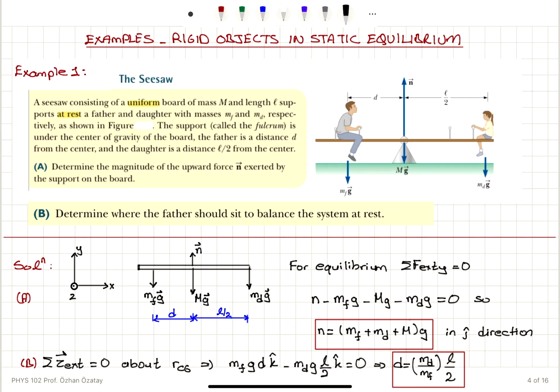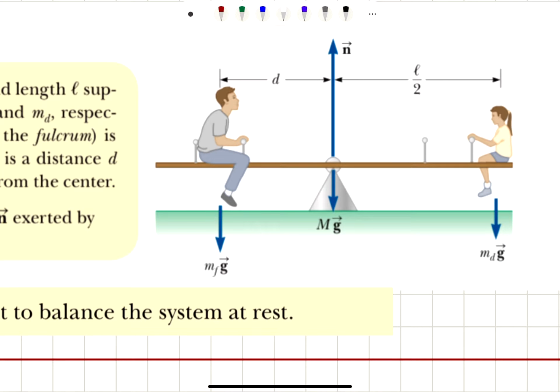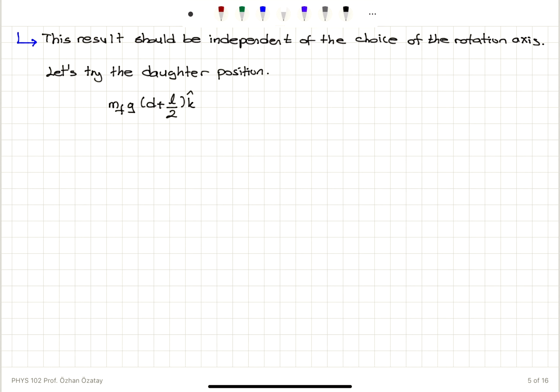Now there's another force that points in the same direction as the weight of the father. That's the weight of the board that's applied on the center of gravity, basically. So the perpendicular distance is L over 2, so it will have the same torque effect, in the same direction. So I can say that the torque due to the weight of the board is plus capital Mg, the weight of the board, L over 2, perpendicular distance, k hat.